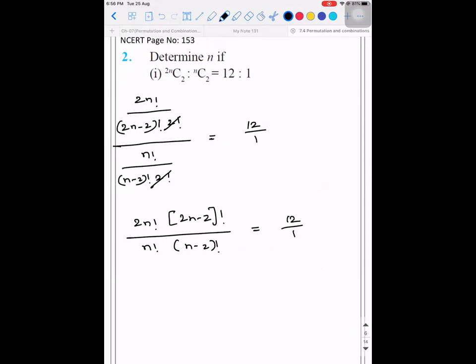So 2n factorial by 2n minus 2 factorial. We can cancel n factorial, sir. You cannot cancel it, because 2n factorial means it is 2n into 2n minus 1 into so on, right? Don't do that.